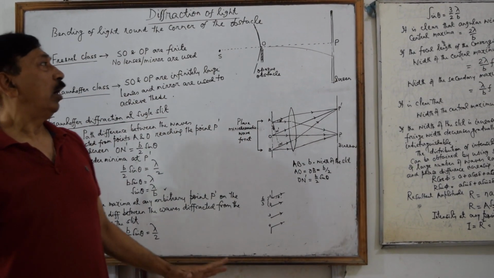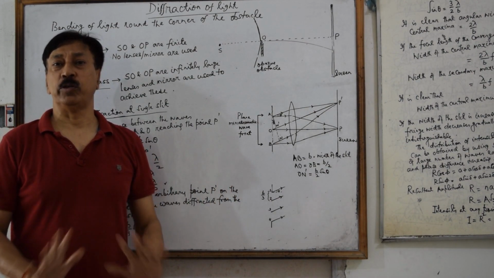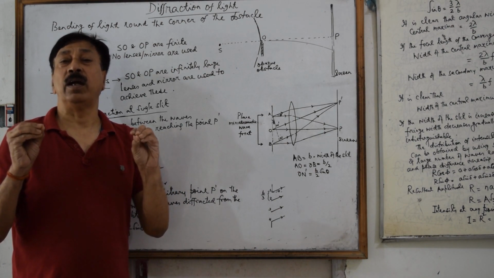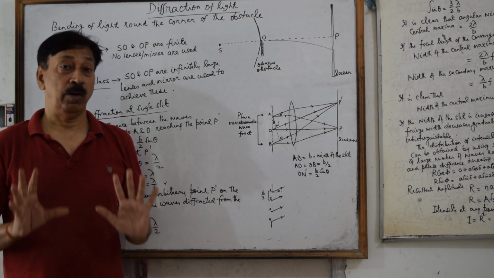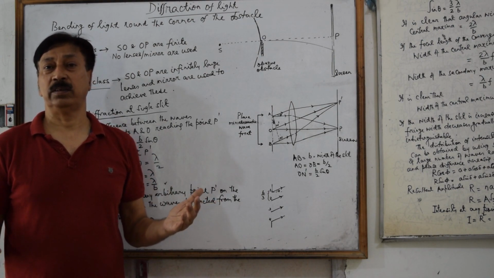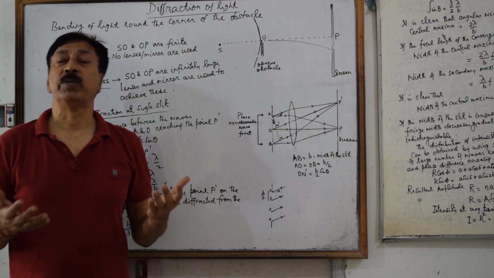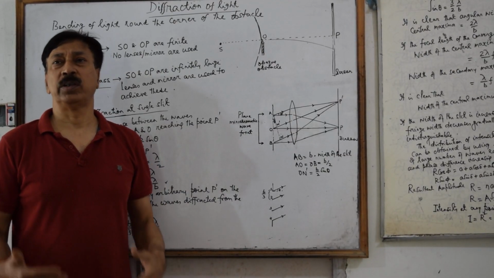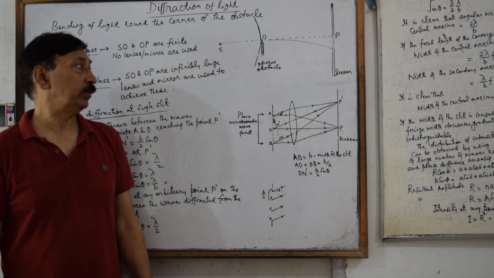Now, it's not that any obstacle will produce diffraction. We should have the dimension of the obstacle comparable to the wavelength of the wave. For example, sound waves are diffracted by obstacles of the size of, say, double-story buildings also, where the wavelength of sound waves ranges between a few centimeters to a few meters.